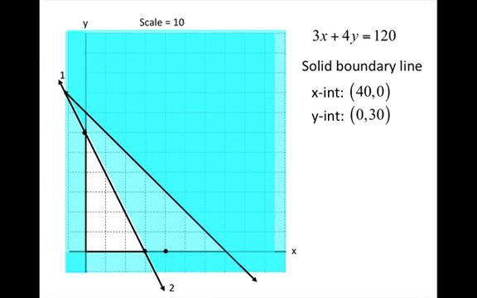My third boundary line was 3x plus 4y equals 120. And this was a solid boundary line with the intercepts 40, 0 and 0, 30. So those are going to look like the ordered pairs 4, 0 and 0, 3. So draw a solid boundary line through those and label that as line 3.